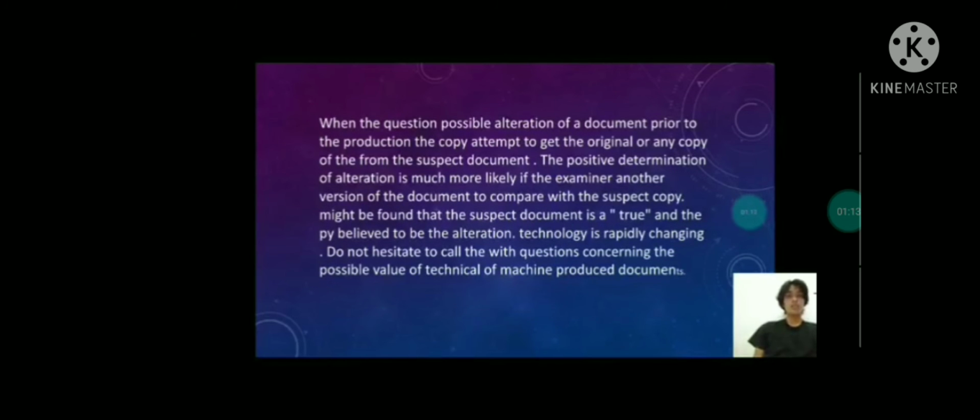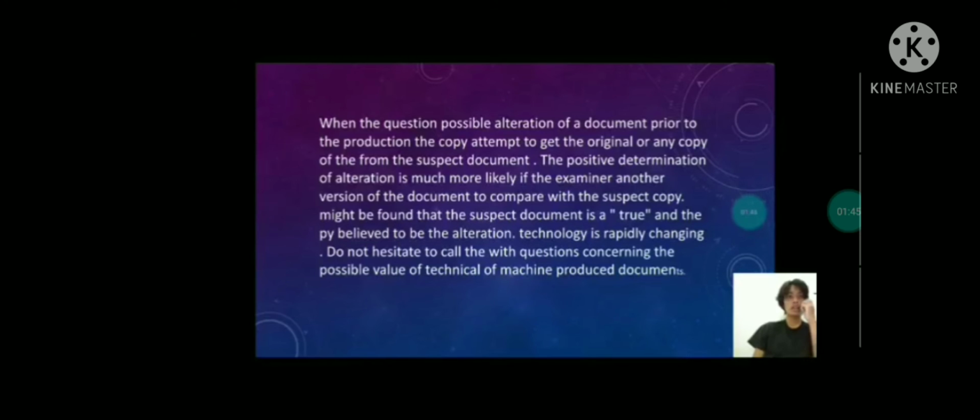When the question is possible alteration of a document prior to photocopying, attempt to get the original or any copy of the form of the suspect document. A positive determination of alteration is much more likely if the examiner has another version of the document to compare with the suspect copy. It might be found that the suspect document is a true copy.